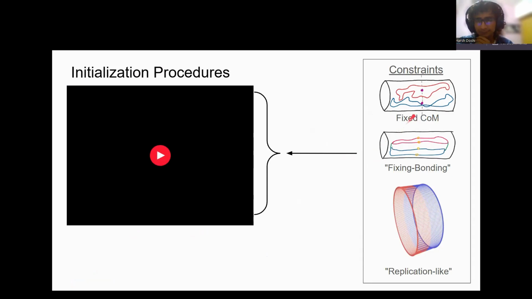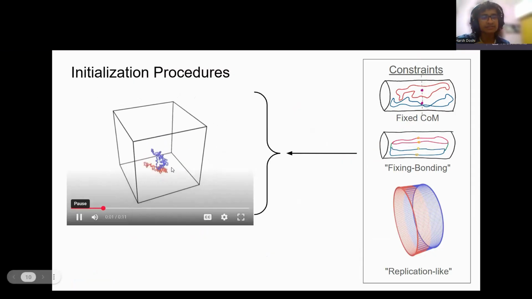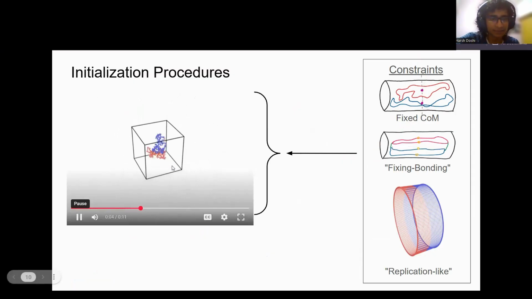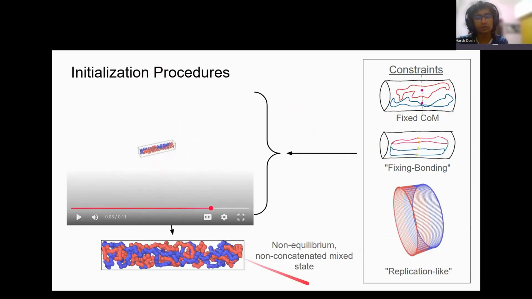For example, one such constraint is that we fix the centers of mass of each polymer at the center of the cylinder, such that they cannot move apart to achieve segregation. In the presence of such constraints, even during the shrinking, when the final confinement is reached, the polymers still remain overlapped along the long axis, as shown here. And so we obtain a non-equilibrium, non-concatenated mixed state from which we can start segregation.